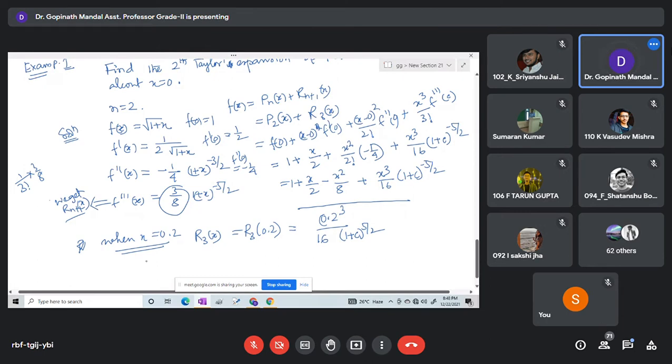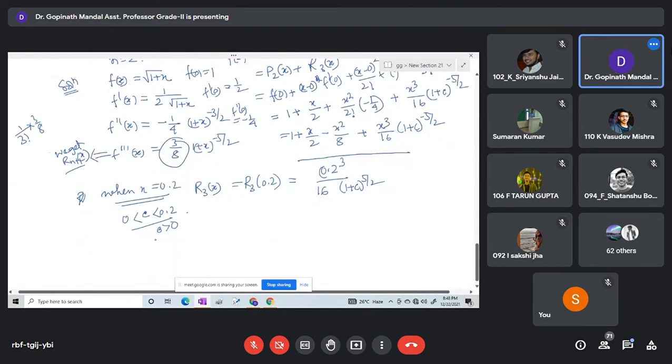Now c belongs to this range 0 to 0.2, that is, c is greater than 0. So for that case, 1 by (1 plus c) to the power 5 by 2, its modulus value will be less than or equal to 1.